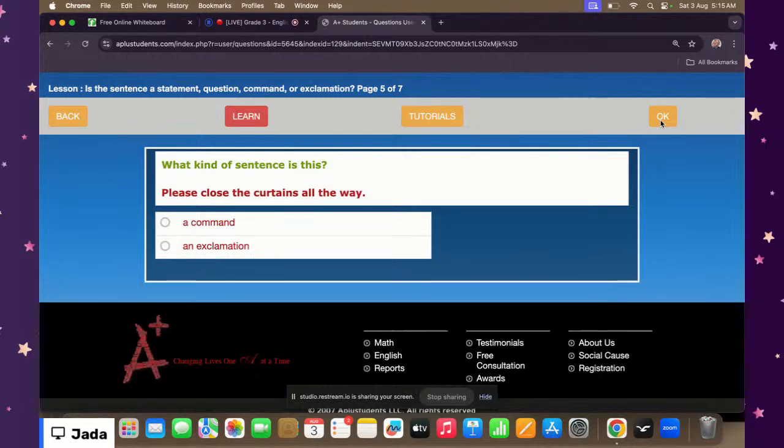Please close the curtains all the way. What is the right answer for this? Command or exclamation? Please close the curtains all the way.